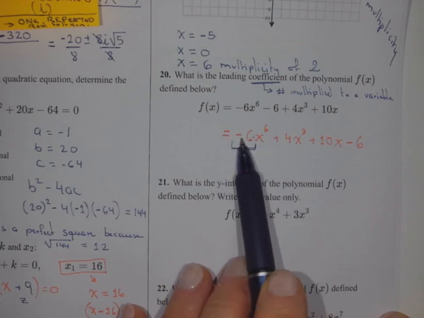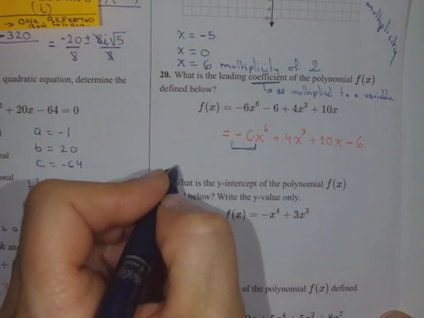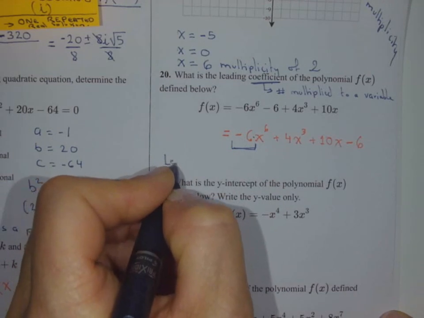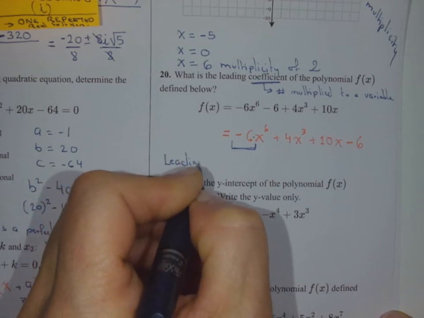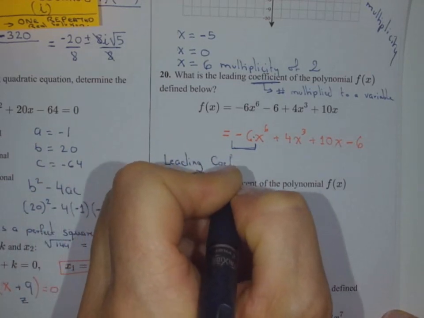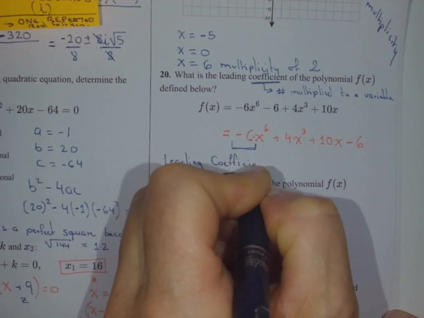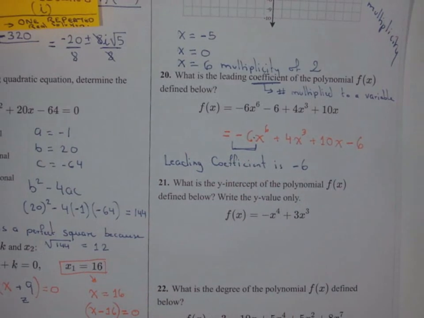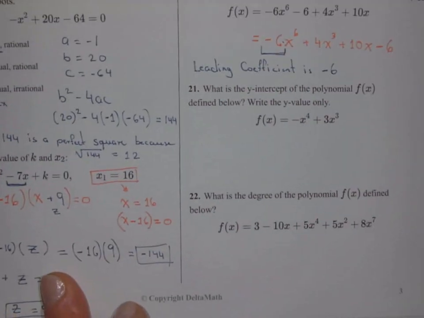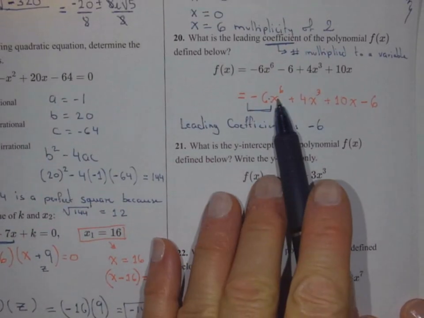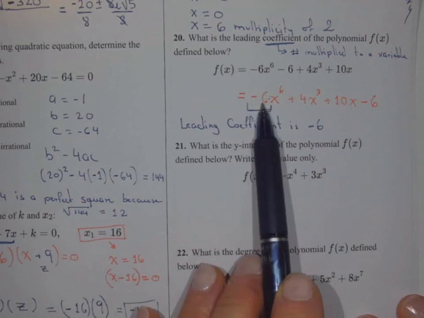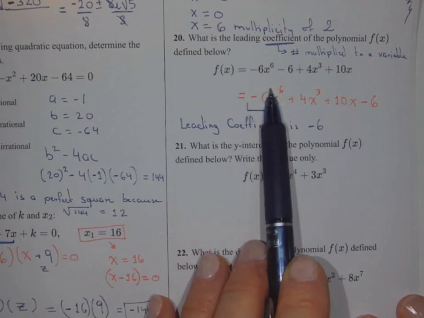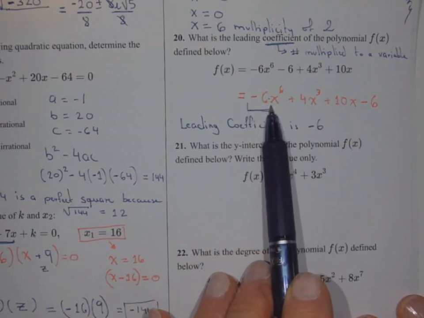So the leading coefficient is -6. I hope I didn't say x to the 6. The leading coefficient is the -6, which is the value we're multiplying that leading term with.